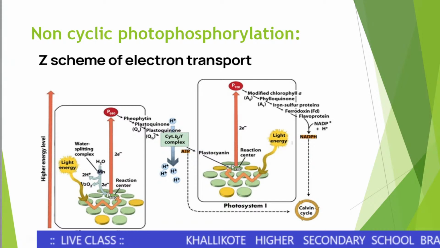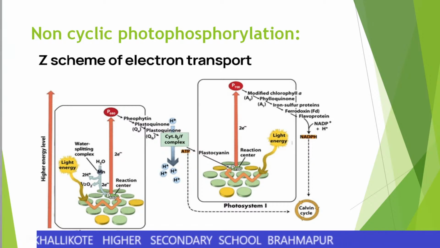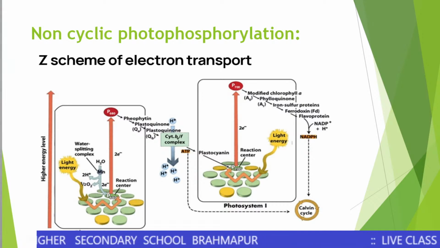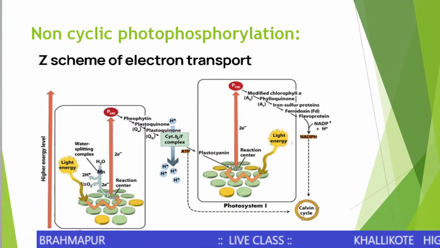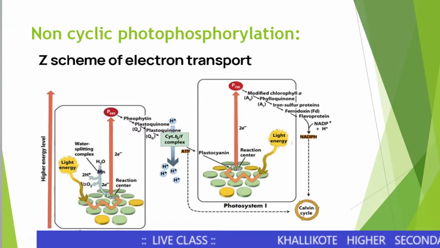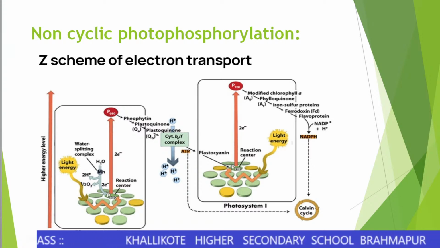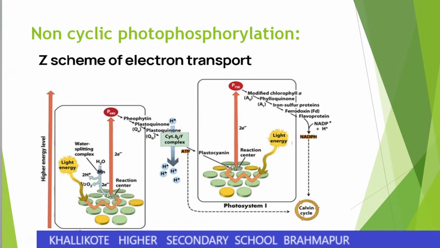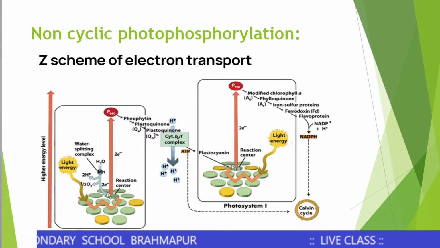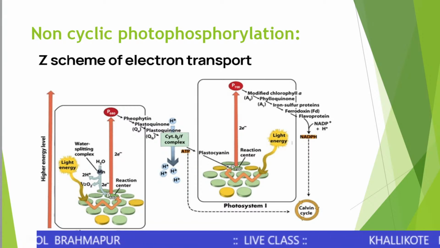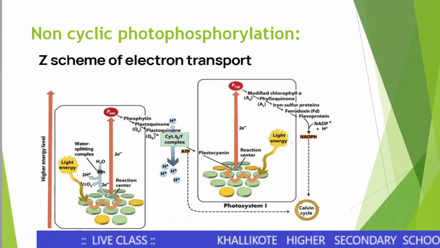These OH minus ions liberate electrons, and oxygen is also liberated. The electrons lost from the water molecule flow one by one to the P680 molecule via the protein tyrosine that is present in the D protein. So the water molecule splits. This splitting of water in the presence of light is called photolysis of water.